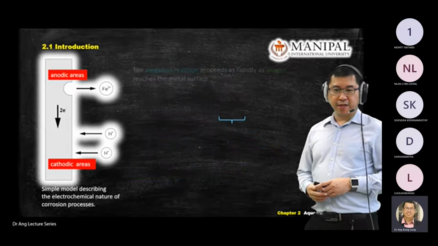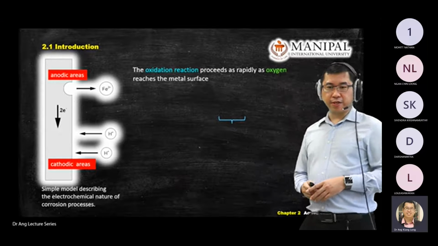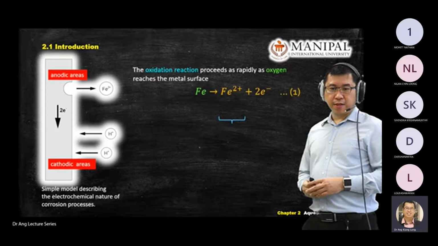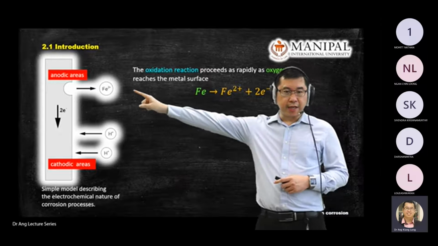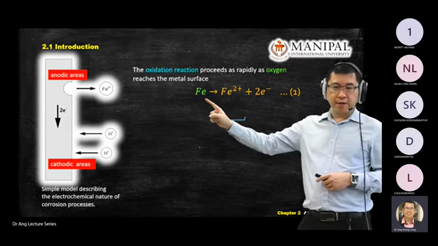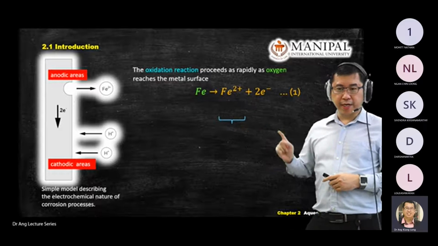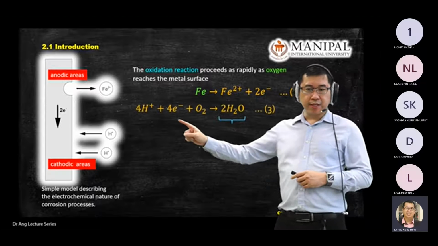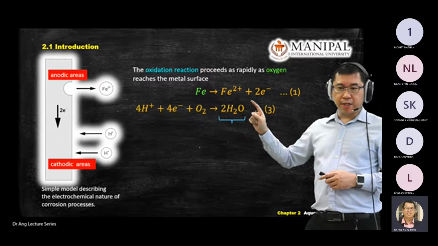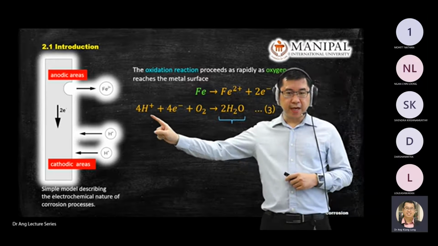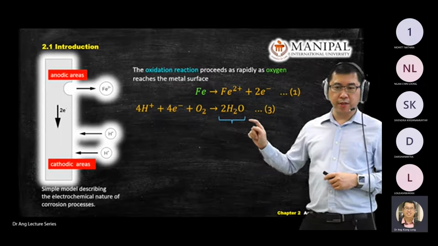Okay. All right. The next one, we talk about oxidation reaction. So the first reaction that we learned just now, at the cathodic area, metals break into ions and give electrons. And just now, the depolarization process, where you combine hydrogen, electron, oxygen, you get water.